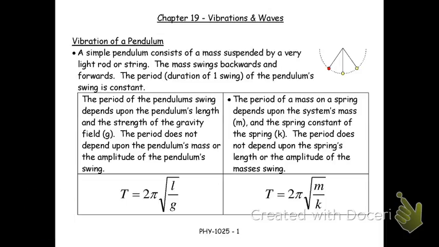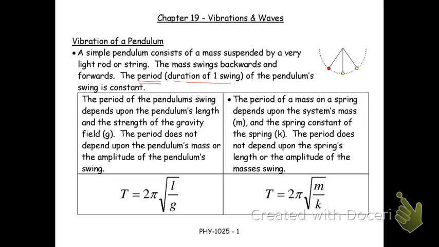So we say a simple pendulum consists of a mass suspended by a very light rod or string. The mass swings backwards and forwards. The period, there's a new term, period, that is the duration, the time for one complete swing of the pendulum, is constant. So a pendulum with a certain length will have a certain oscillation.